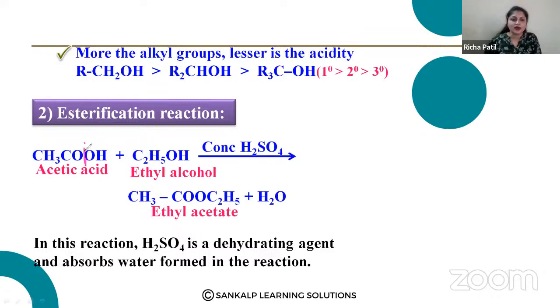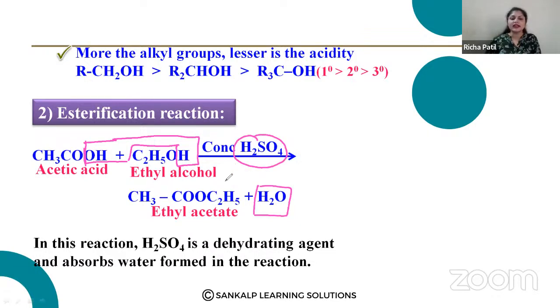So the product, how it is obtained, just see here. The side product obtained is water and CH3COOC2H5. So in this reaction, why is this concentrated H2SO4 used?